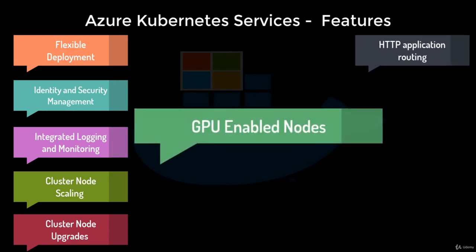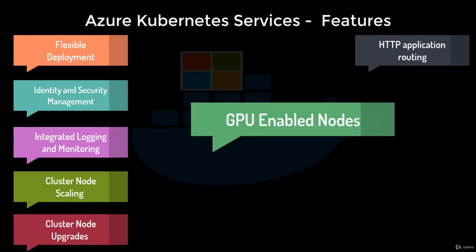For applications that need lots of graphics, AKS supports the creation of GPU-enabled node pools. Azure currently provides single or multiple GPU-enabled virtual machines. GPU-enabled virtual machines are designed for compute-intensive, graphics-intensive, and visualization workloads.